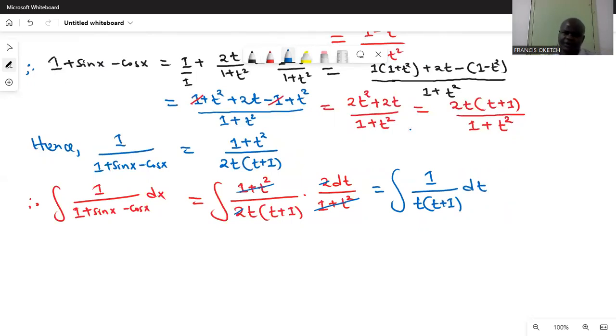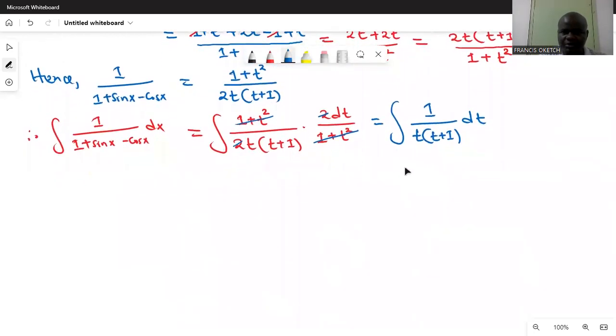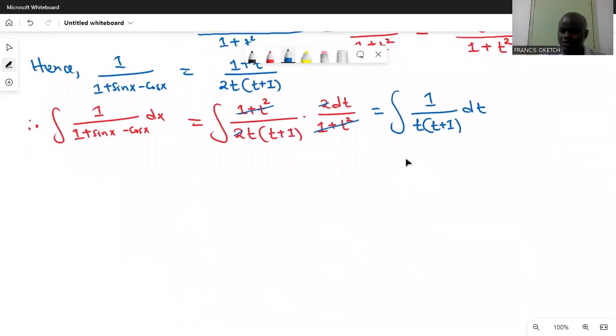Now, for us to evaluate this integral, we need to use integration via partial fractions. Why? Because in the denominator, we have a product of two linear factors. So we need to decompose that integrand into its partial fractions.